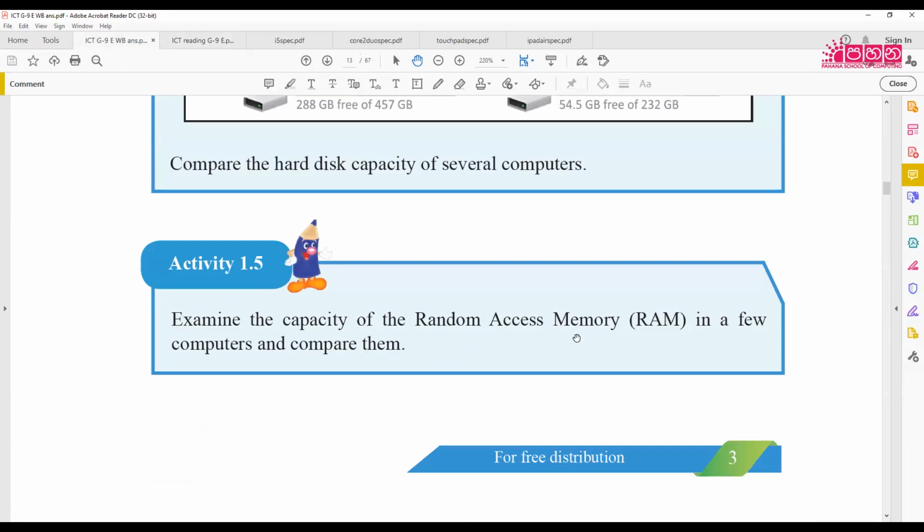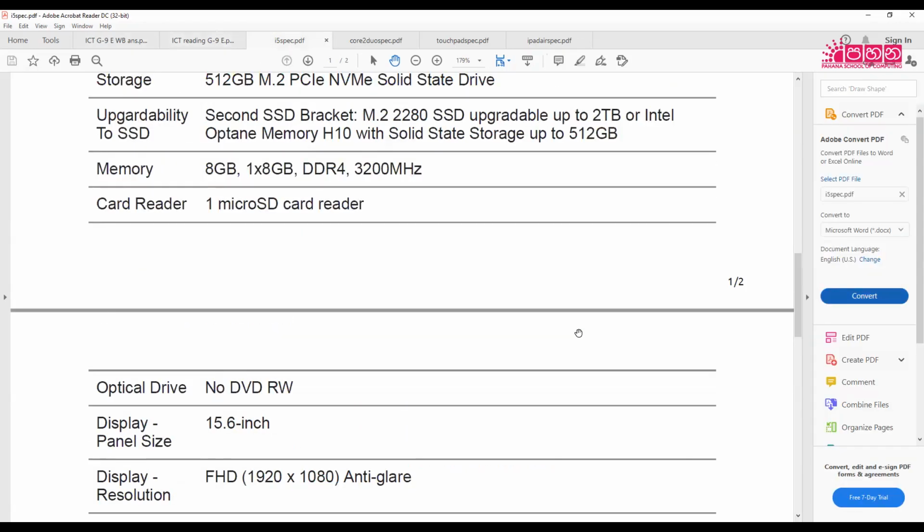I want you to identify the memory space in some computers. I will compare and identify the RAM size in these computers. So let's start with the i5 machine.